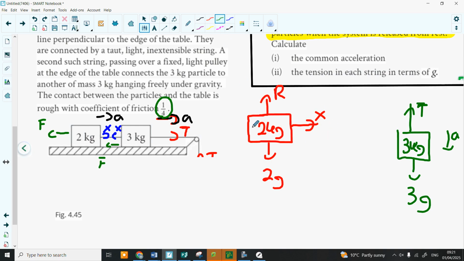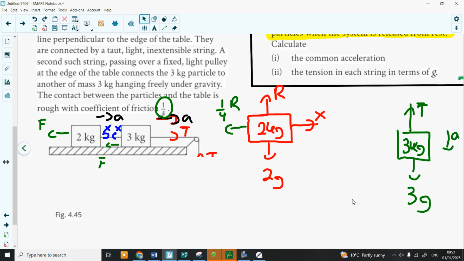X is pulling it to the right. What's making it go to the left? Friction, which is mu R, which is a quarter R. And we all know a quarter R is a quarter of 2G. I'll do that in a second. Okay, you okay with that?